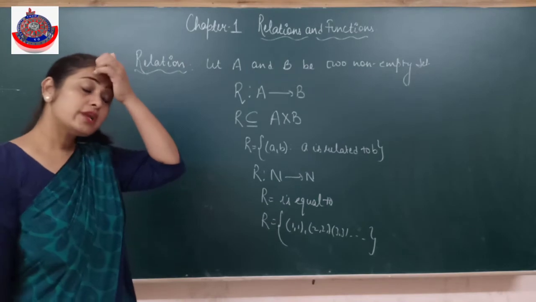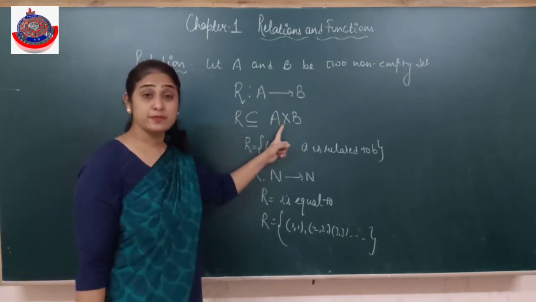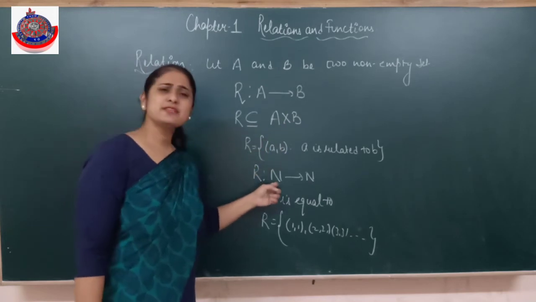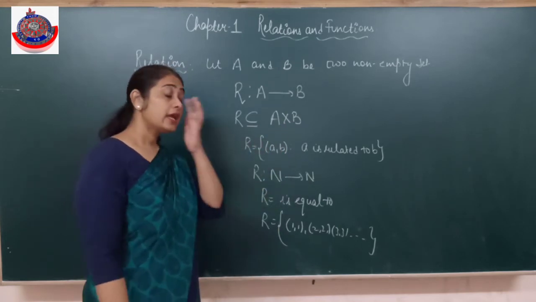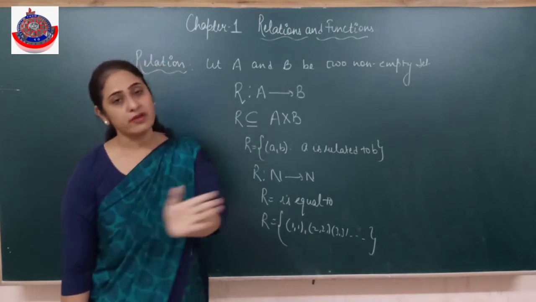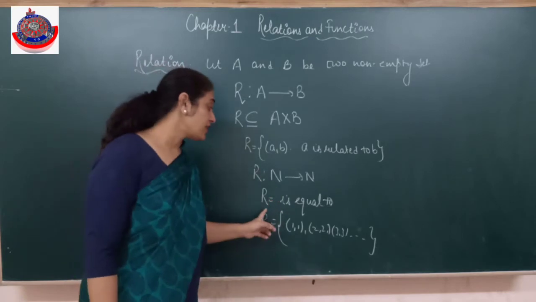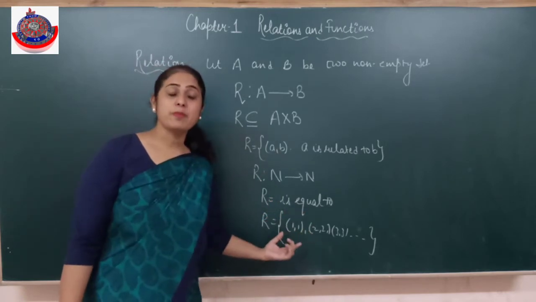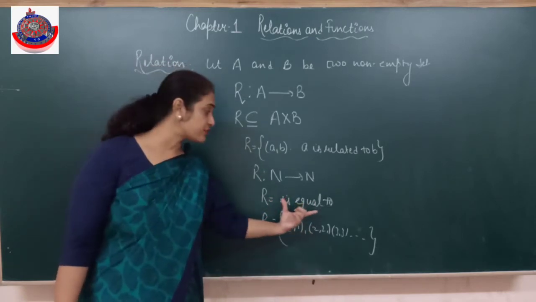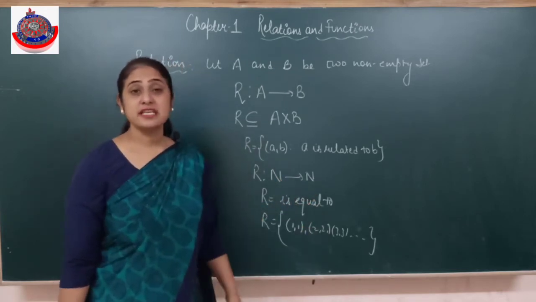Understood? So a relation is a set of ordered pairs, a subset of A cross B, the Cartesian product. The Cartesian product will have many elements, A cross A: (1,1), (1,2), (1,3), (1,4), infinite, then the combination with 2, then with 3. But when the relation is equal to, I have to pick up only those ordered pairs which satisfy this given relation. Understand?